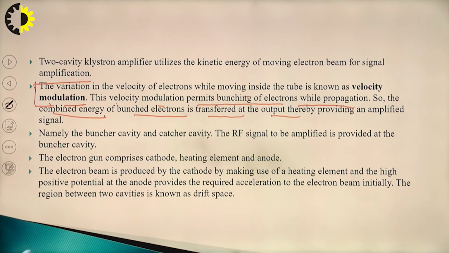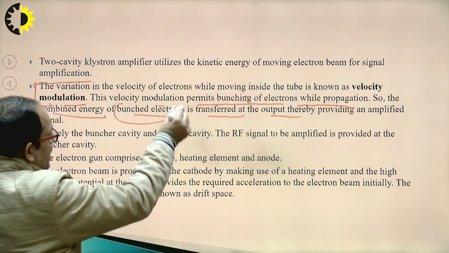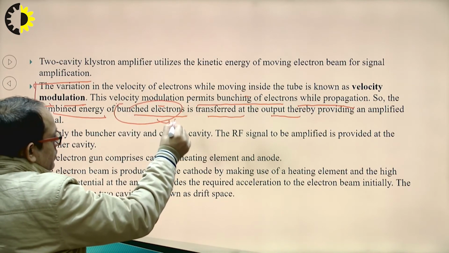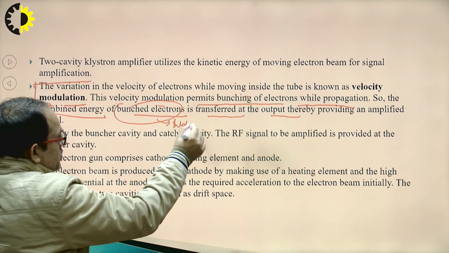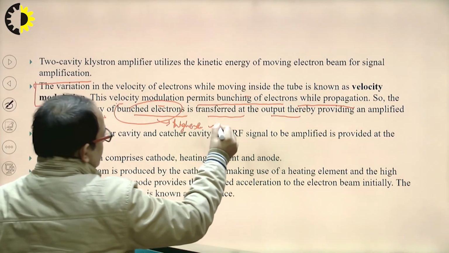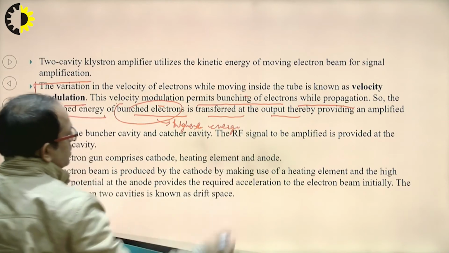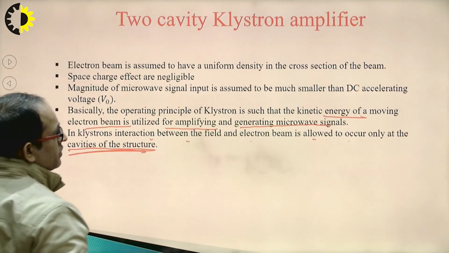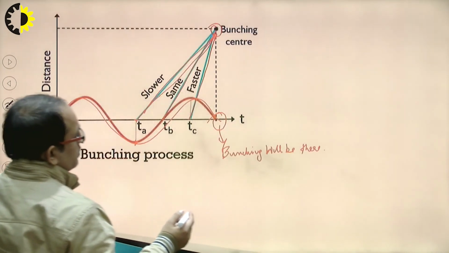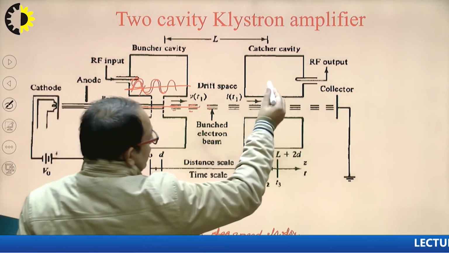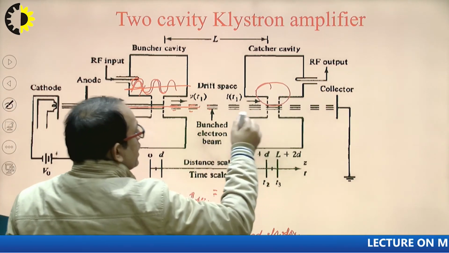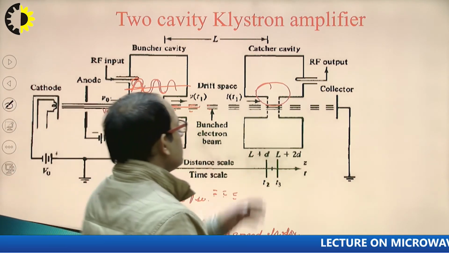So these bunched electrons have very high energy, and when they interact with the retarding field of this cavity, they lose their energy.